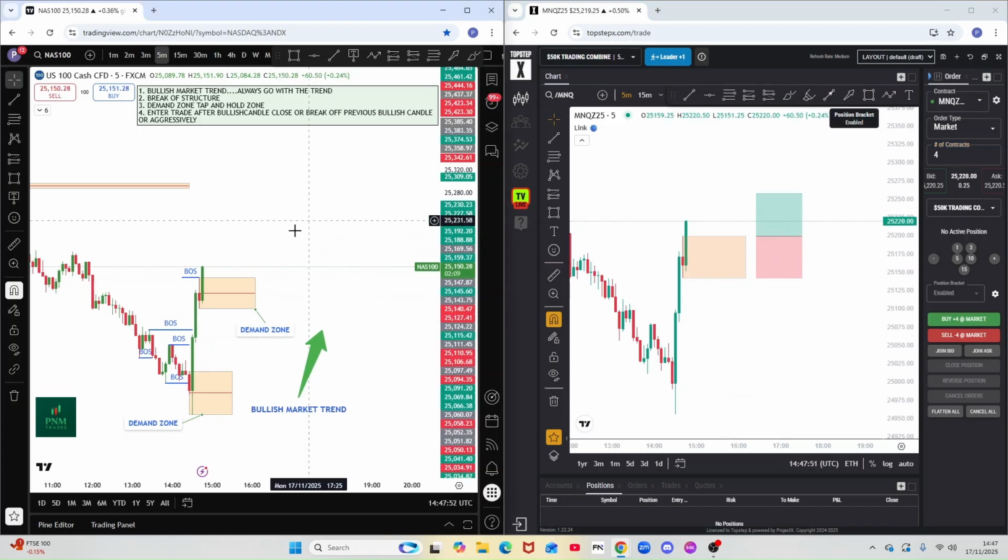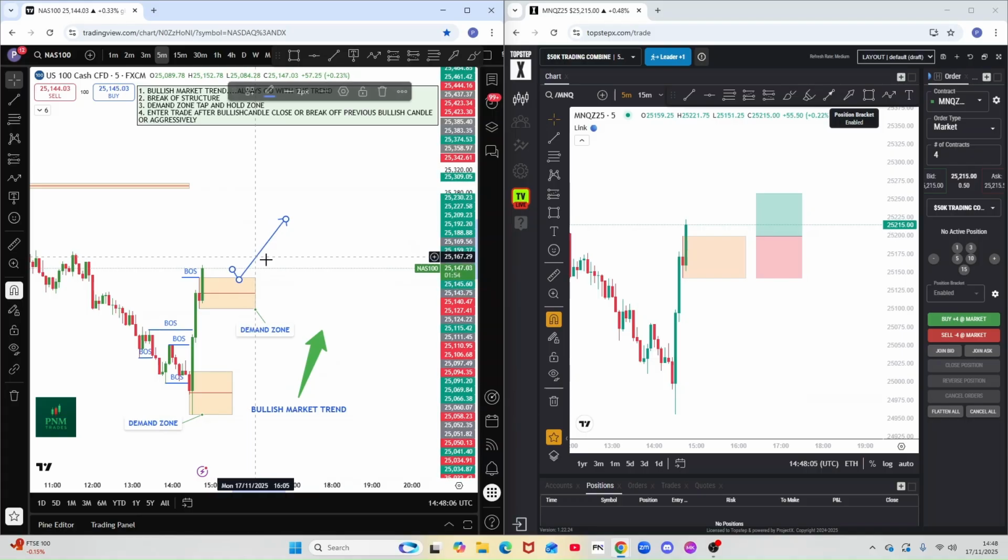Now I'm just waiting for price to come back. Close this first. We have 2 minutes. Then come back, close, tap and hold, then go up potentially. So I am waiting for this.